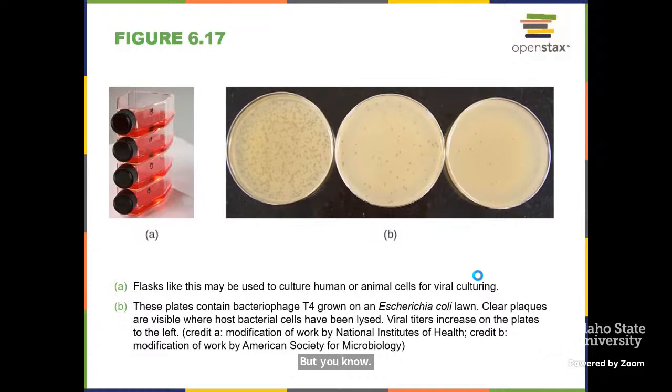And so it all gets mixed together, and we pour it on the top of the plate, so you get this little thin film of bacteria and agar and possible virus all added onto the top.